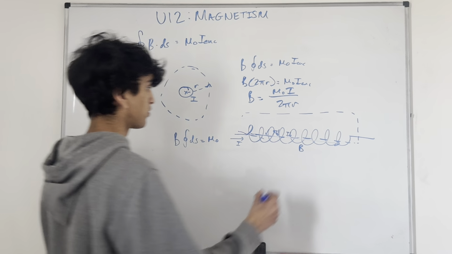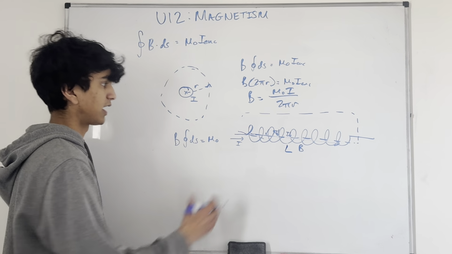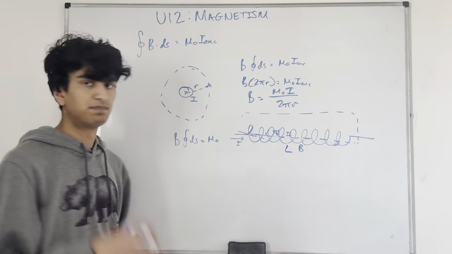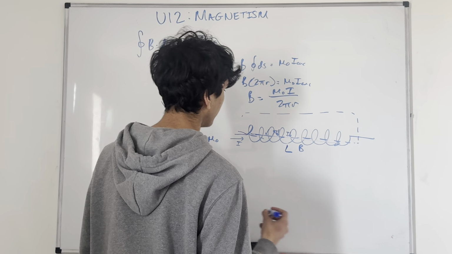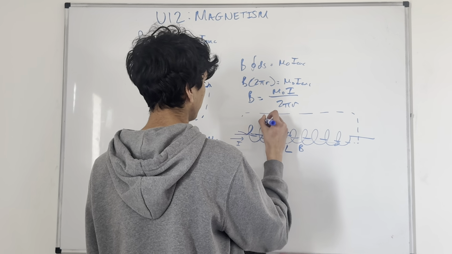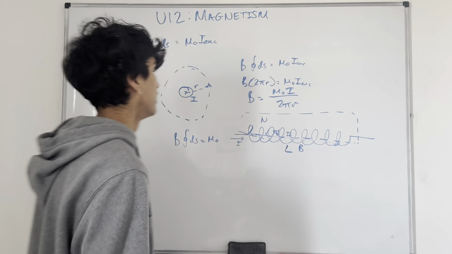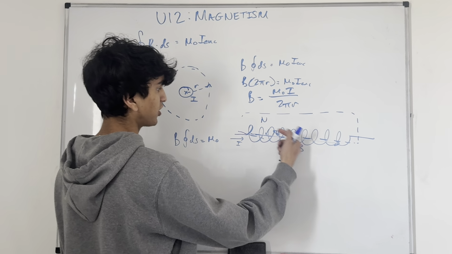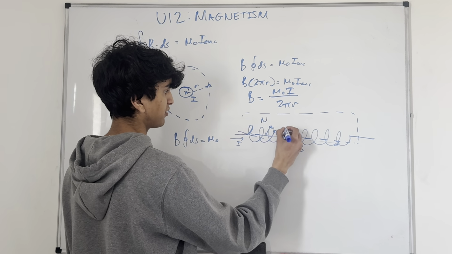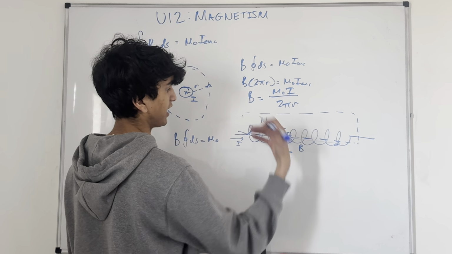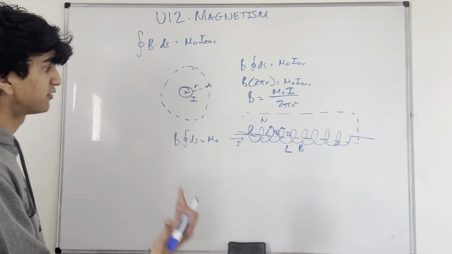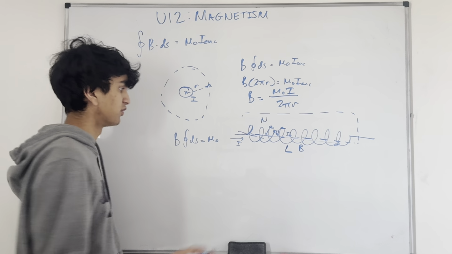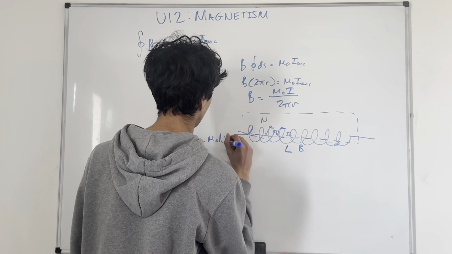Now, let's say the total length of this coil or solenoid is L, and let's say there are n turns. N turns means there's current coming out of the page, piercing through the loop n times. So it's going to be n times I.